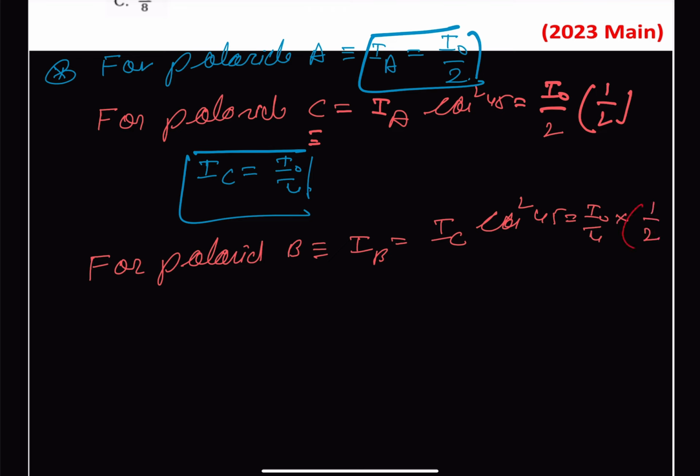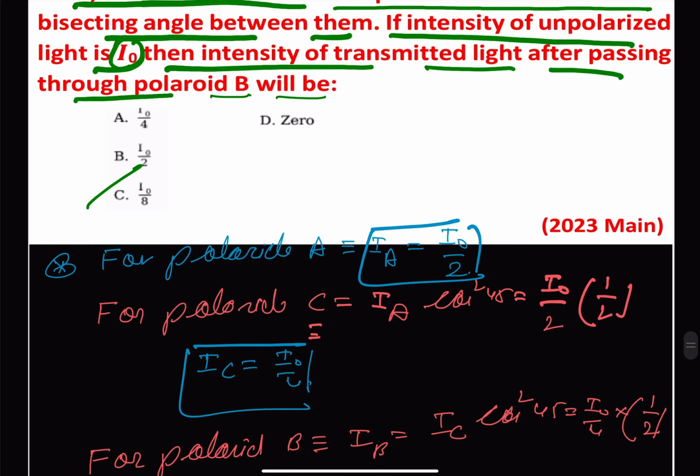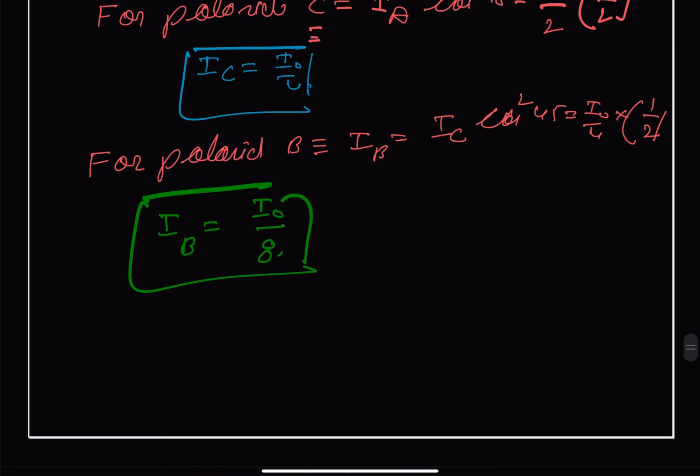Therefore we get that our final IB is equal to I0 by 8. So option C is the correct one.